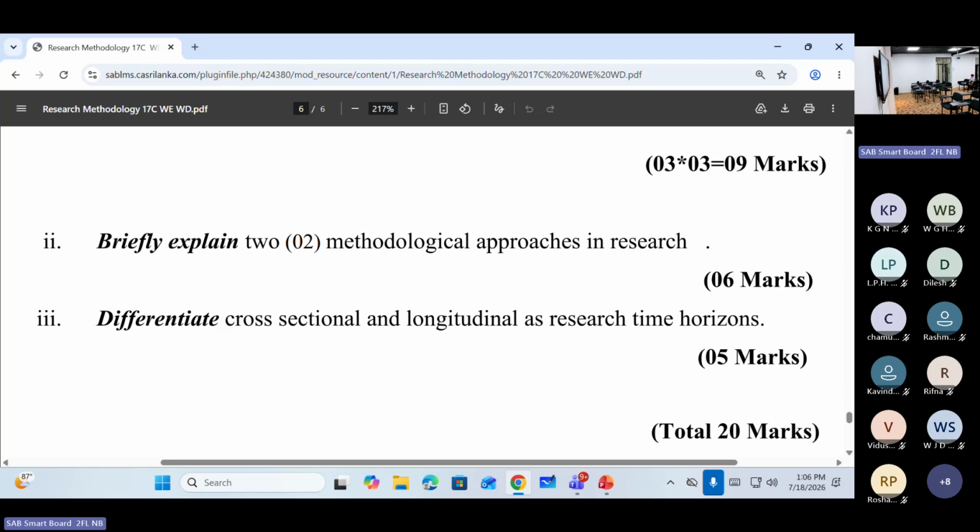Faster and less expensive. Give me an example. Survey of 100 students today. Okay. Survey of 100 students today.